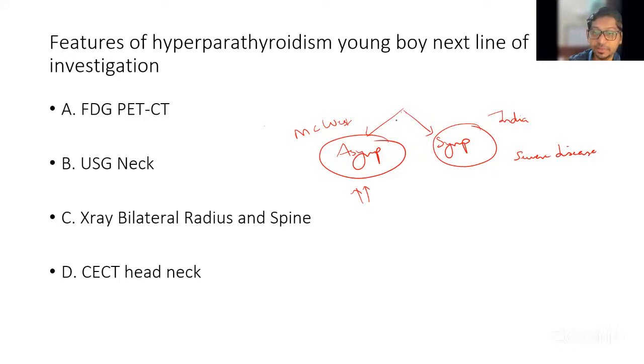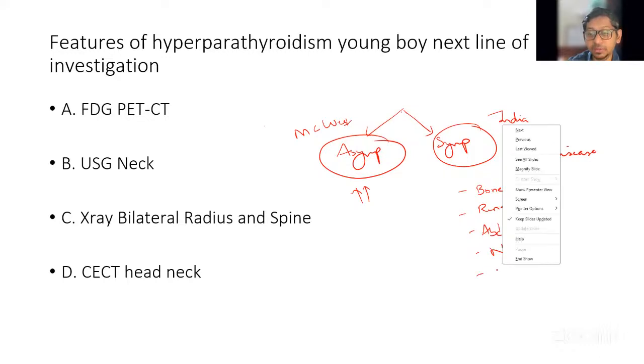So these symptomatic patients who present with hyperparathyroidism may have different manifestations. We all know this: stones, bones, groans, psychic moans, fatigue overtones. We all know that mnemonic. So patients will present with either bone disease, renal manifestations, abdominal manifestations, neuromuscular manifestations, and there may be effects on the central nervous system.